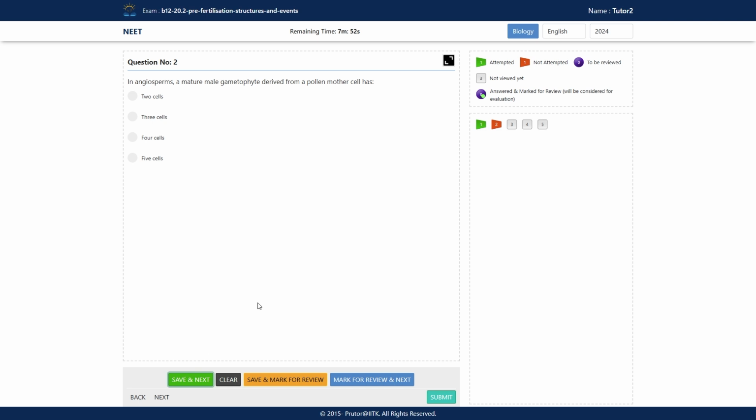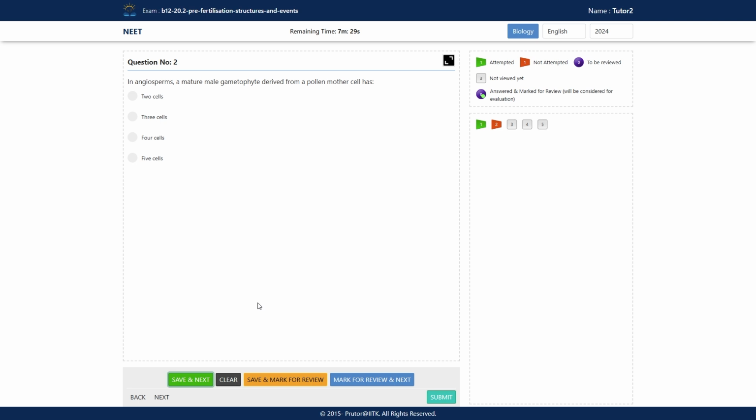The next question is here. In angiosperms, a mature male gametophyte derived from a pollen mother cell has how many cells? A. 2 cells, B. 3 cells, C. 4 cells, and D. 5 cells. How many cells are there?